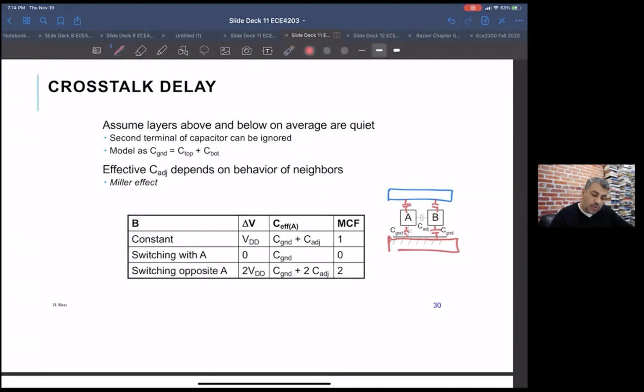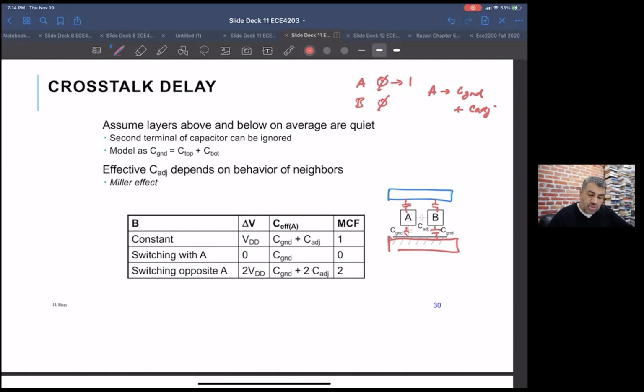Okay, so let's say A is switching from 0 to 1 and B is staying at 0. Okay, so you have a certain voltage going, so delta V on B, so in that case, what A sees, line A, is it sees all the C grounds plus C adjacent.